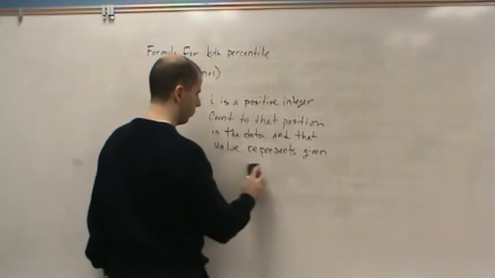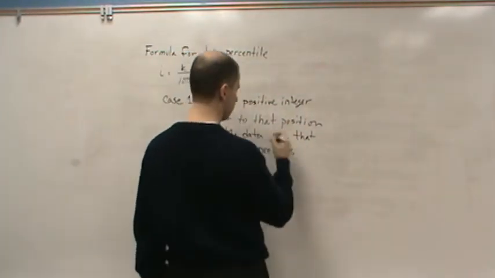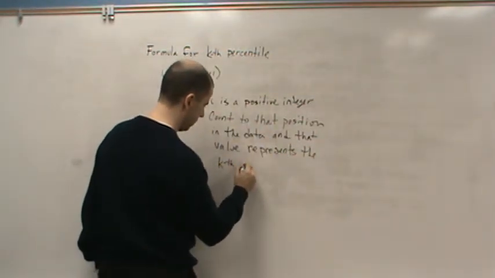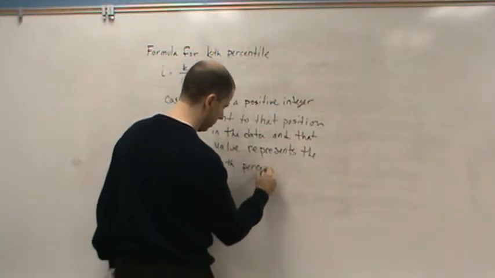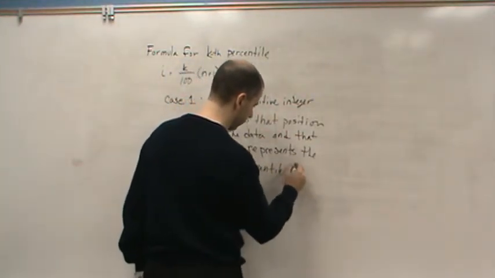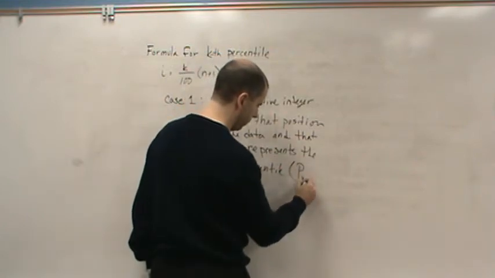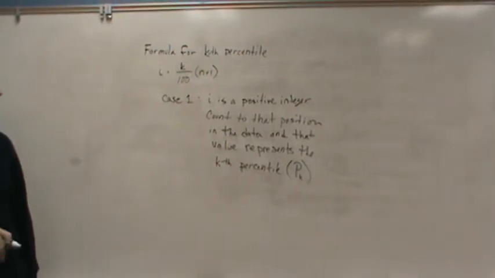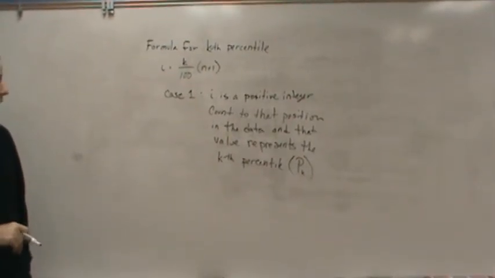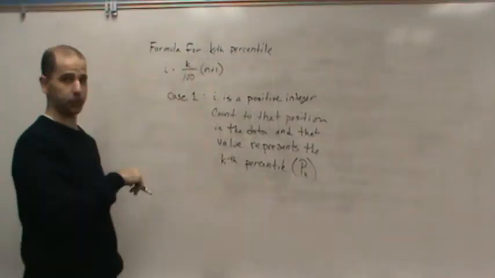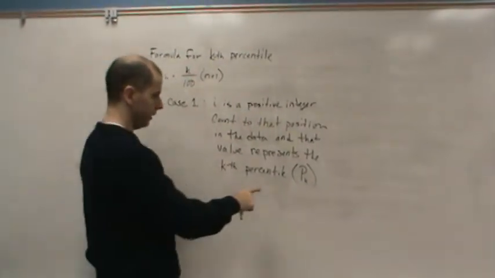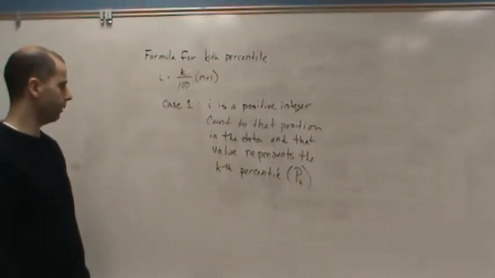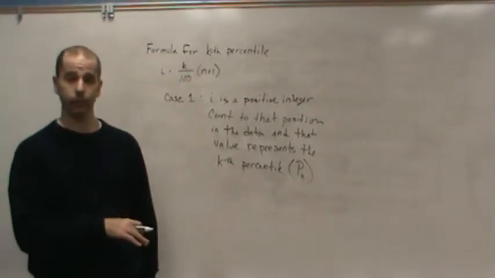Or, I should say, it represents the kth percentile, since we're using k, or P sub k. Again, you could denote it just P sub k. The reason we use k is because we're using n for sample size, so I don't want to use n here. It would just be confusing. So k is what we're going to use for the percentile. Okay, so that's case one.